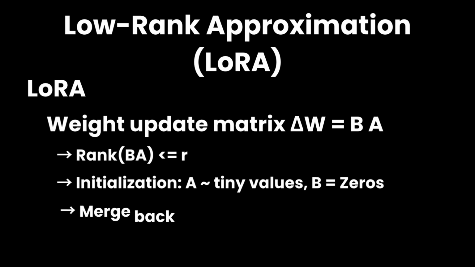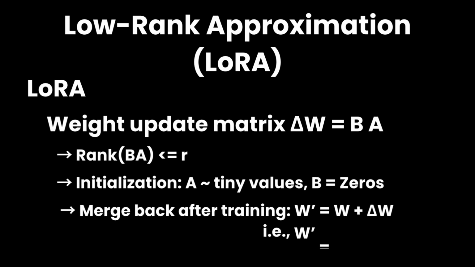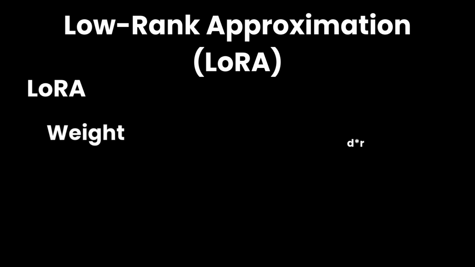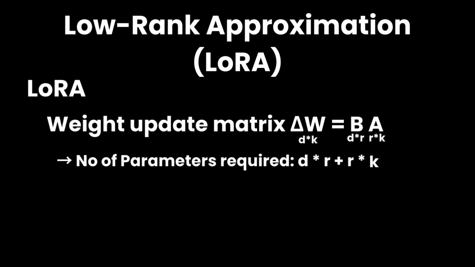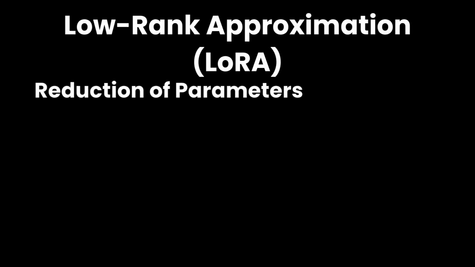After training, the weight update matrix is added back to the original weight matrix. With this, the trainable parameter count drops to d times r plus r times k, or r times (d plus k). For calculating the reduction of parameters, we simply divide the total number of parameters by the number of parameters required for LoRA.